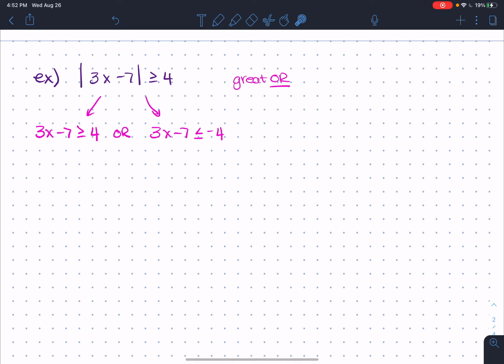And then we go ahead and solve them. So add 7 onto both sides, divide by 3. And over here we add 7 onto both sides and divide by 3. And then there we go.